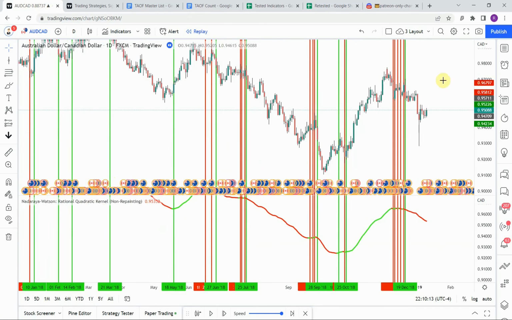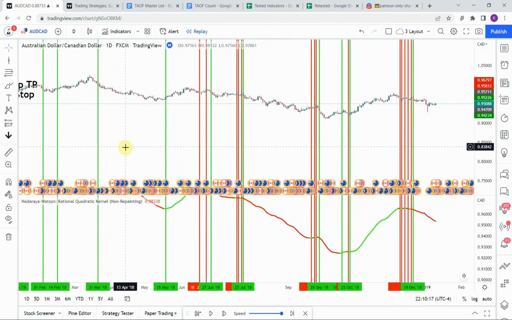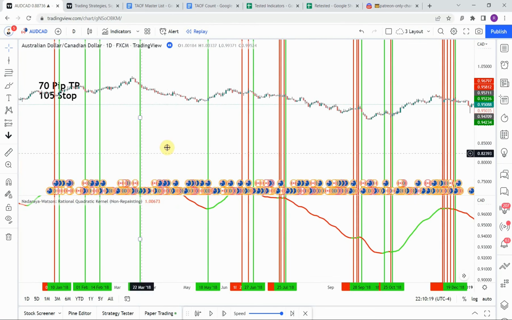All right, let's go ahead and take a look at our indicator here. Get everything in focus. All right, let's go ahead and count it out and see what we have. So we have 1, 2, 3, 4, 5, 6, 7, 8, 9, 10, 11, 12, 13, 14, 15, 16, 17, 18, 19, 20, 21, 22, 23, 24, 25, and 26.